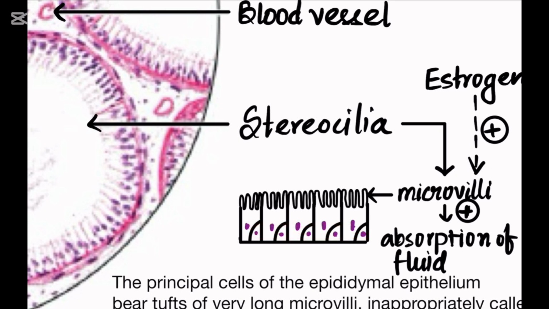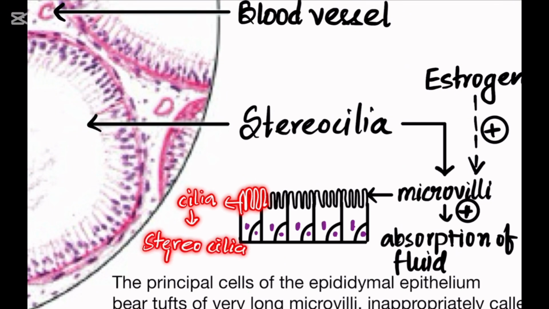Now, the important thing is that these tall columnar cells contain microvilli on their free surface, long, tall microvilli. And these microvilli are confused to be cilia. Since they do not move, they are called stereocilia, or non-motile cilia.